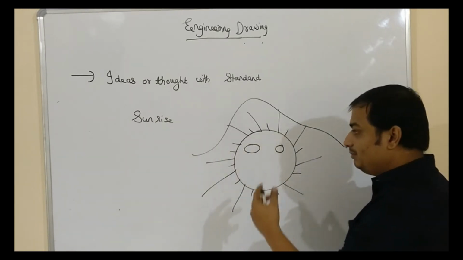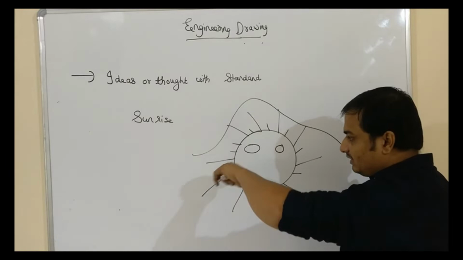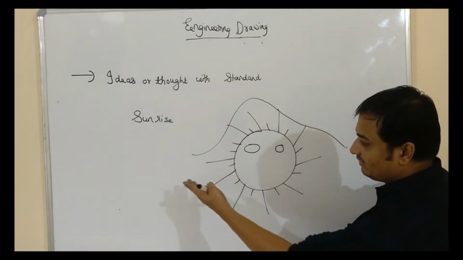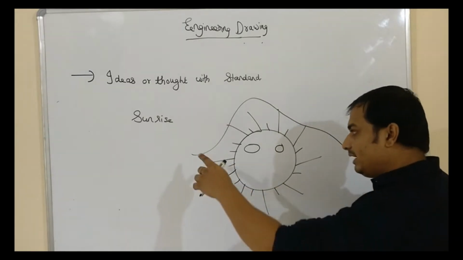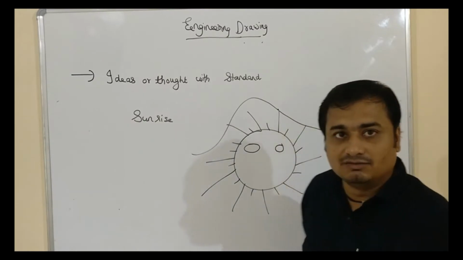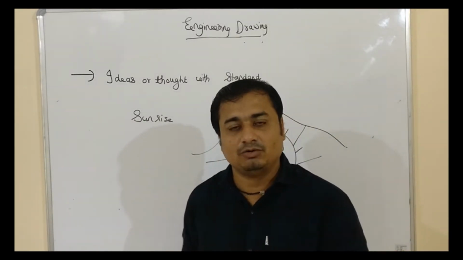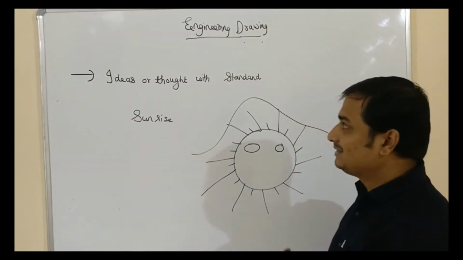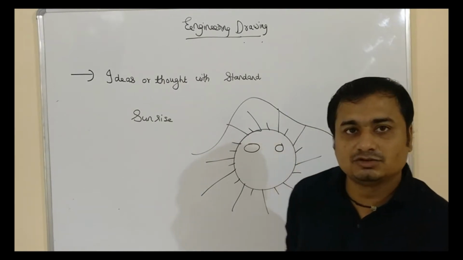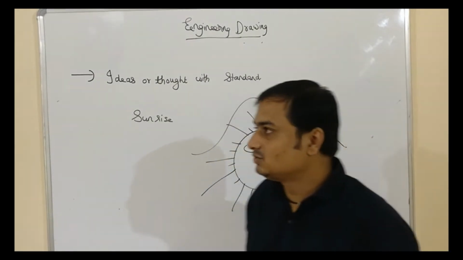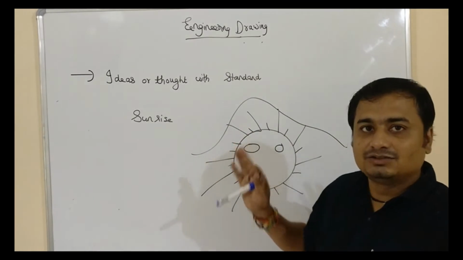Again we will be identifying the dimensions of the rays, longer rays, smaller rays. Again we will be identifying the dimension of the curve which is going to be represented as a mountain. So when we are expressing our ideas or thoughts by means of some standard, that is called engineering drawing.